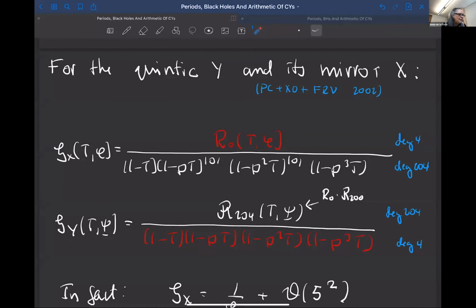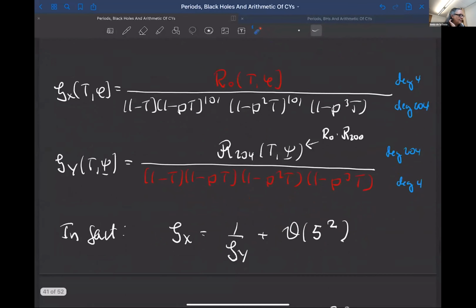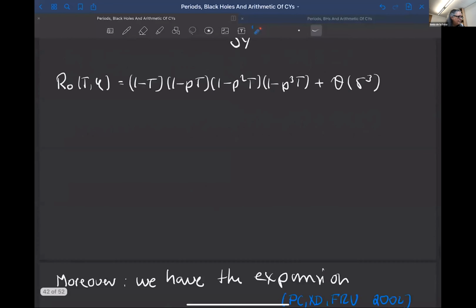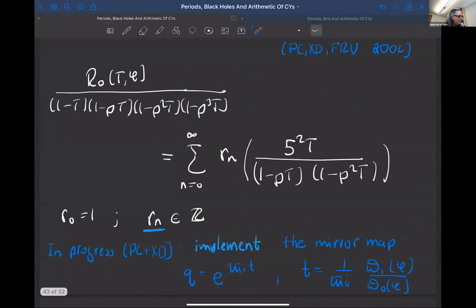We discussed this here a while ago, but what we discovered for the quintic is that in fact one is the inverse of the other, apart from factors of order 5 squared, and one can write down expressions like this.